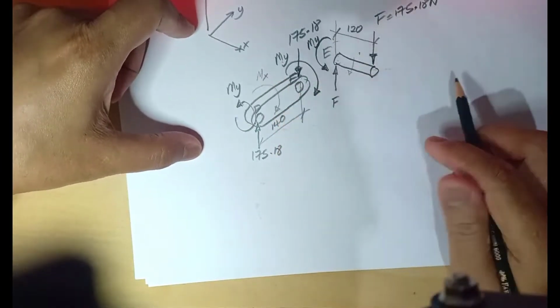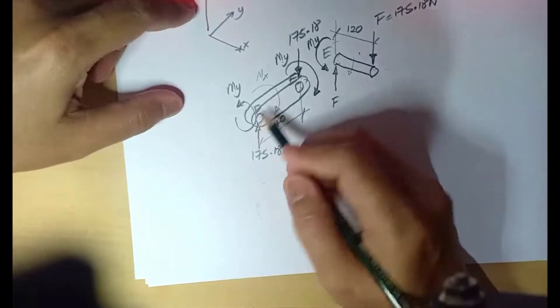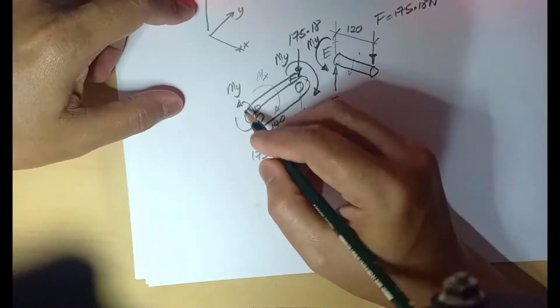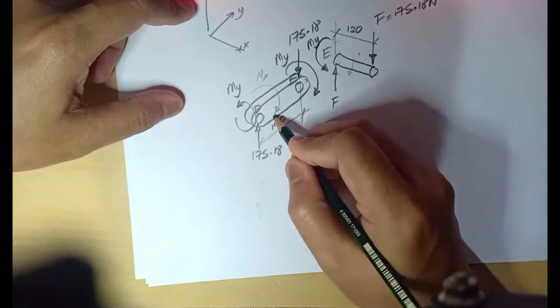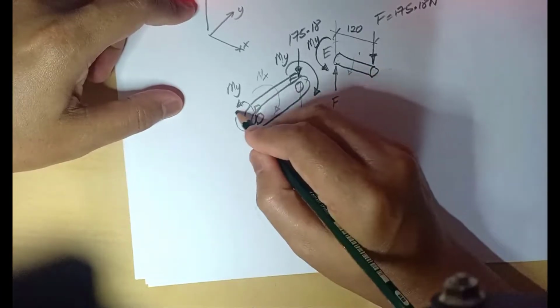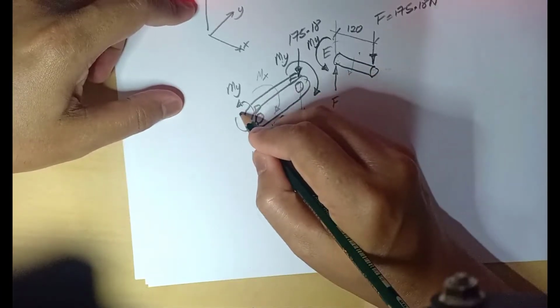At D, if you look at the end of D, it should counter react, going clockwise. So this is moment X, where moment X is 175.18 times the distance 140.